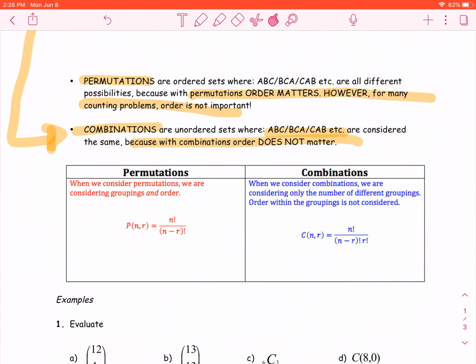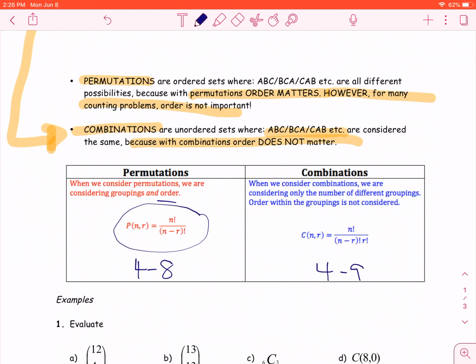So we see here what we did in 4.8, and this is going to be for 4.9. For permutations, that was the formula we used in our last setting, where order was something to consider.